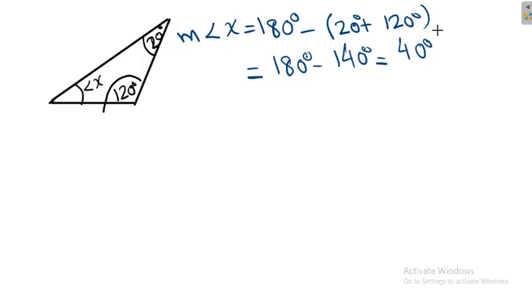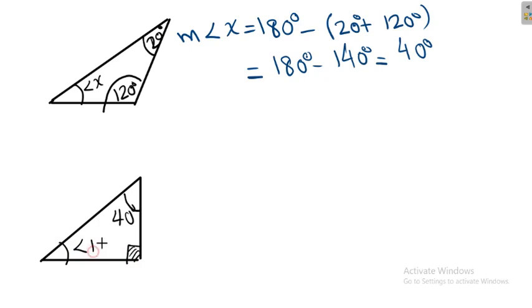Try the next one yourself. Okay, you have a right angle triangle. Let's erase this writing. This angle is 40 degrees and this angle is right.